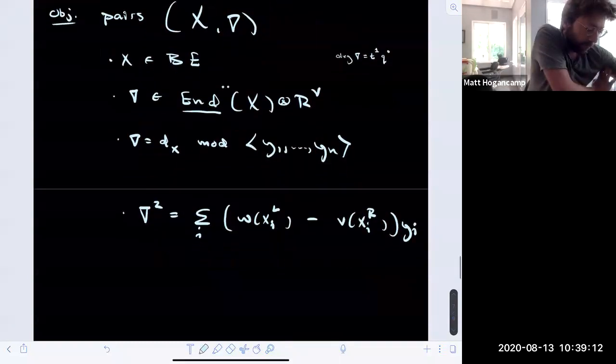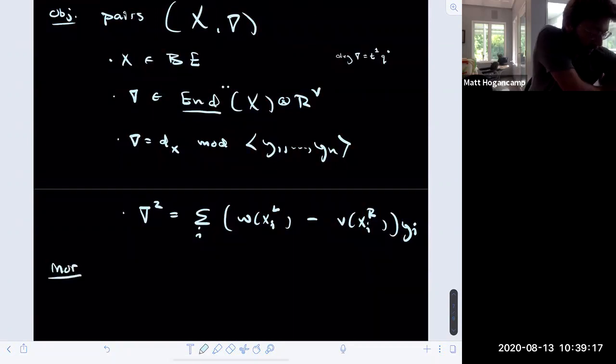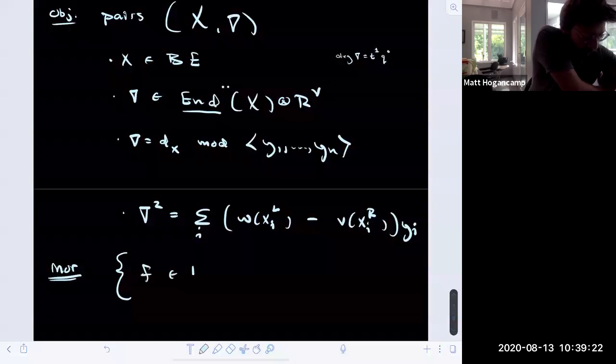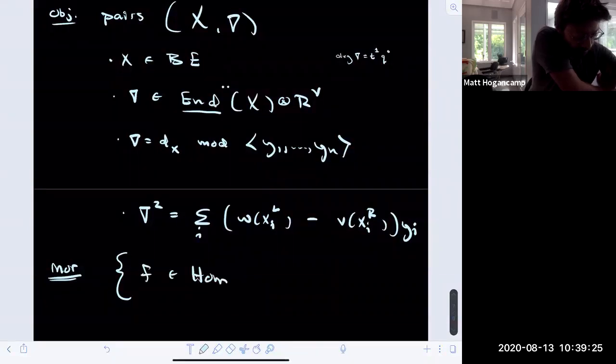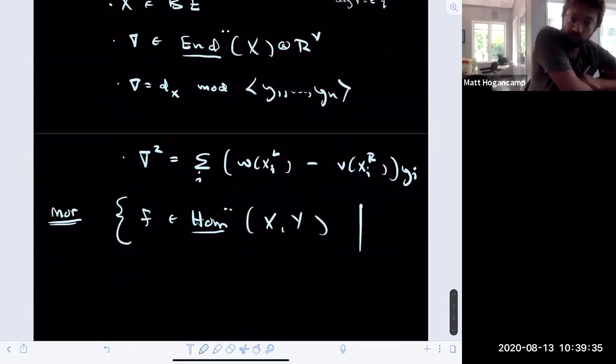And morphisms in this category are just, so if you have two complexes of Soergel bimodules, you look at the complex of Homs from X to Y. If each X and Y comes with a nabla, like this differential with nabla squared not equal to 0, then we look at chain maps with respect to these funny differentials.